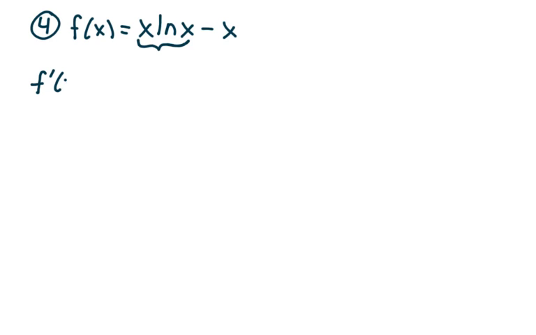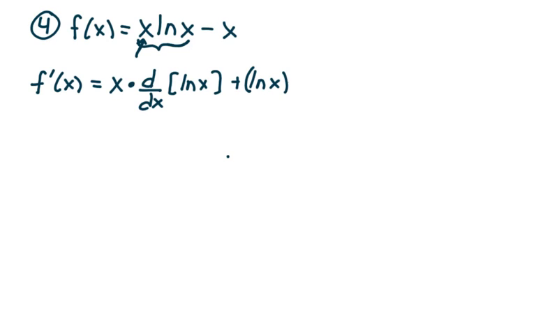So when I want f prime of x, I write the first function, which is x, but I multiply by the derivative of the second function, differentiating with respect to x. And then I'm going to write down natural log of x, that's the second function, and I'm going to multiply by the derivative of the first function. And then I subtract the derivative of x with respect to x, so essentially I'm subtracting 1.